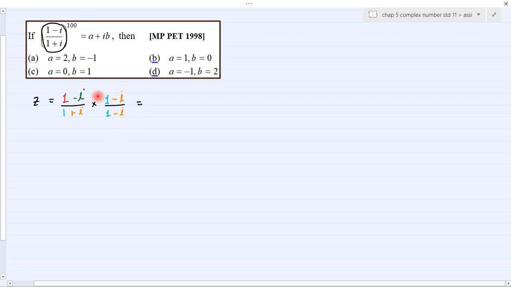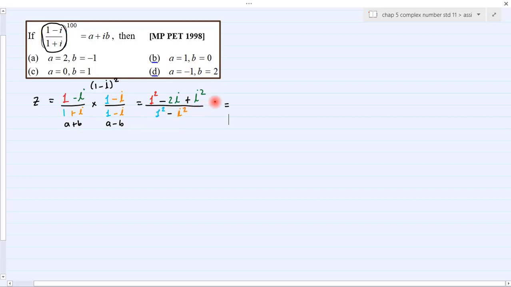So, in the numerator, we will have the whole square of 1 minus i, which can be expanded as a square minus 2ab plus b square, so 1 square minus 2i plus i square. And in the denominator, we will have (a plus b) into (a minus b), which can be simplified as 1 square minus i square.